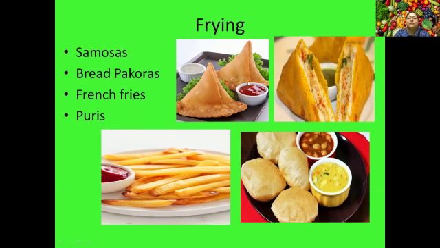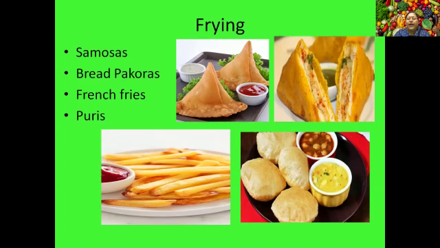Here you have samosas, bread pakoras, French fries, puris, and bhaturas also. I'm very sure you will be able to think of a number of other food items which you fry. But in frying you're using oil, and oil is not good for your health. So eating fried food will make you fat, and you should avoid that.